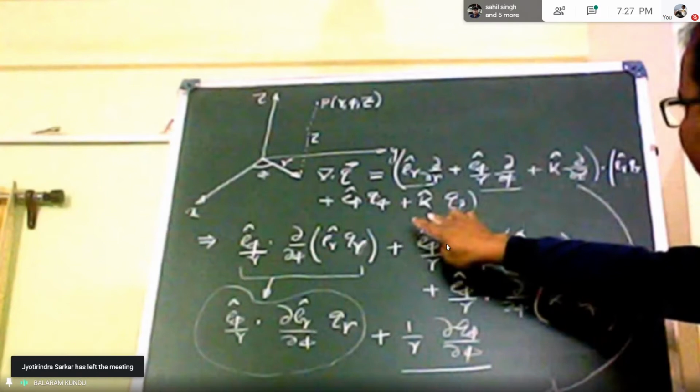That is del r by del r, a vector acting in the r direction. In order to obtain the unit vector, the magnitude of del r by del r is necessary. So this expression is necessary.